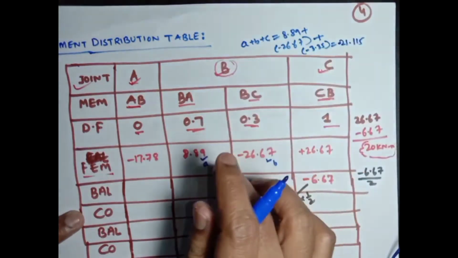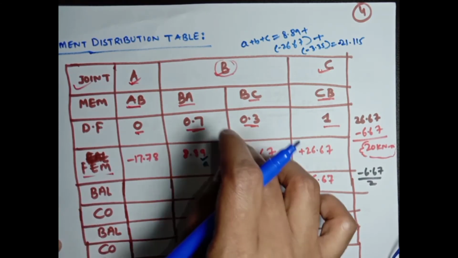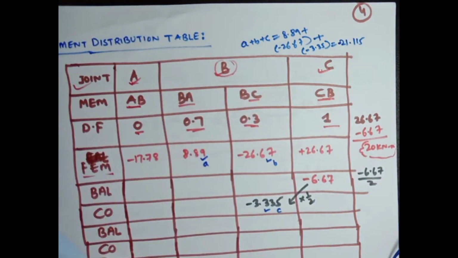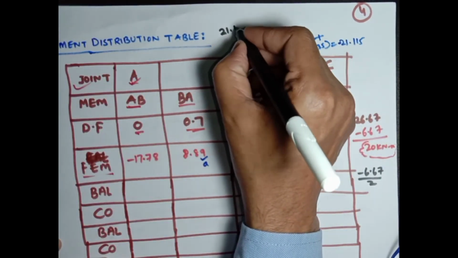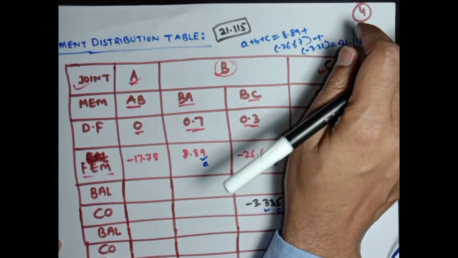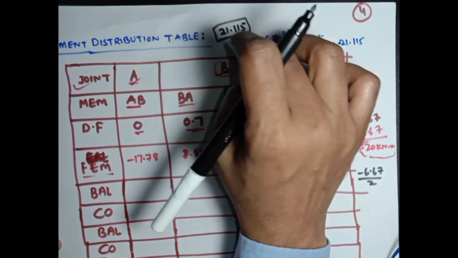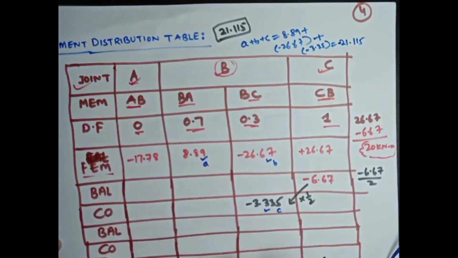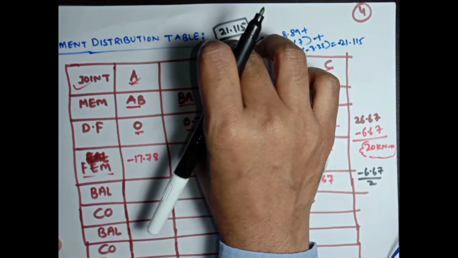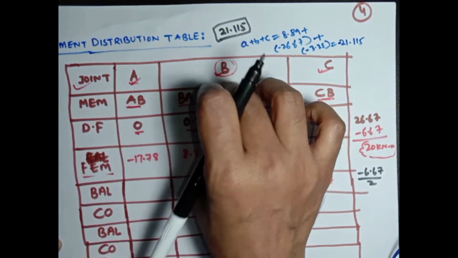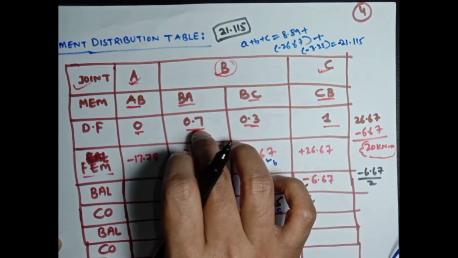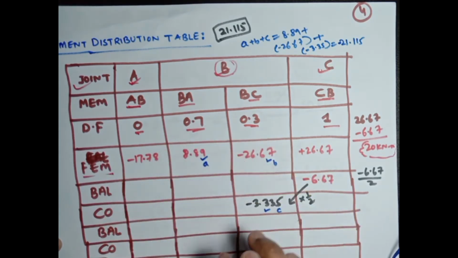This is the total moment, with negative sign, which is acting at joint B. In order to balance this, we need to apply a moment of the same quantity. I mean, we have to add the same moment quantity, 21.115, but with opposite sign, since it's negative, so the same value with positive sign, so that the moment here will be 0. So we are adding the same value of moment here, and this is the balancing moment for joint B, and this balancing moment will be multiplied with the respective distribution factor.